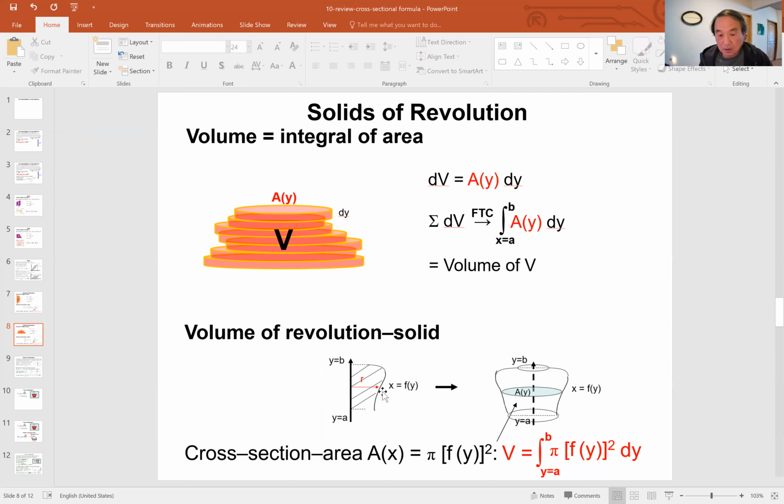If I know this boundary curve, the horizontal distance r is the x coordinate, expressed as a formula in y, and that will be the radius as it spins. The area A of y will be pi r squared. So it's the same formula, just in a different direction.